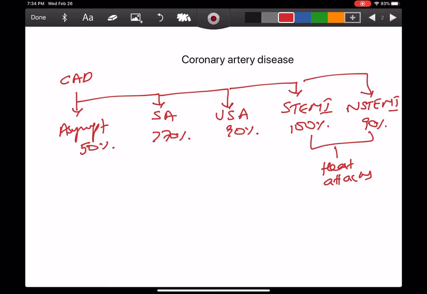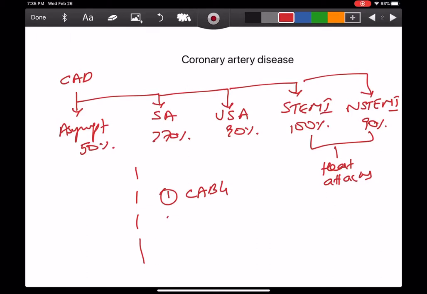Now let me talk about what is done and what interventions are taken. Once the percentage of blockage crosses 70%, the treatment and intervention is aggressive. The first option available for the patient is surgical, that is CABG, that is coronary artery bypass graft, wherein they put in an artery from another part of the body into the heart so that the blocked artery is bypassed.